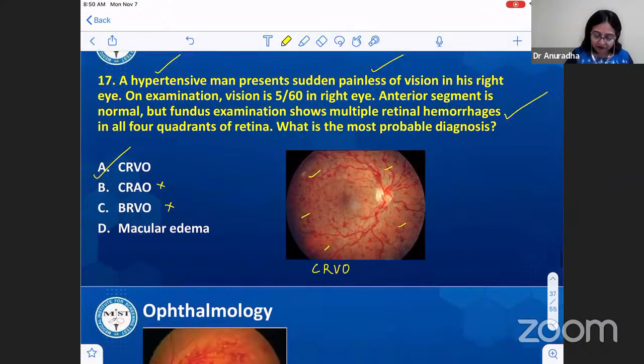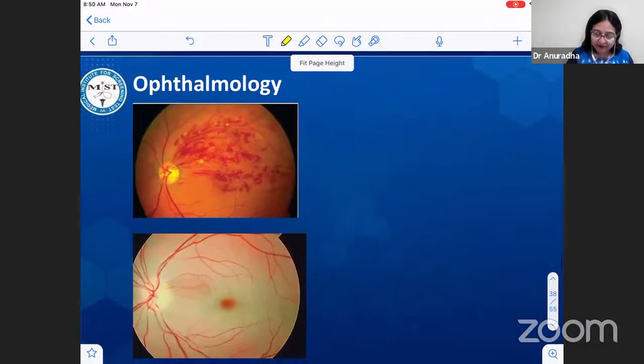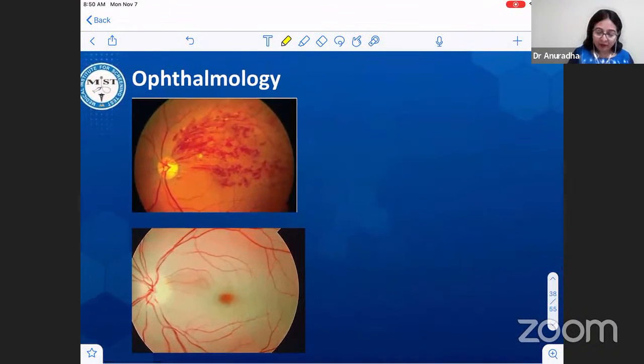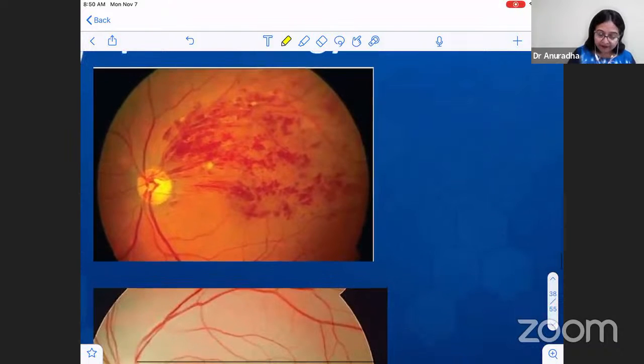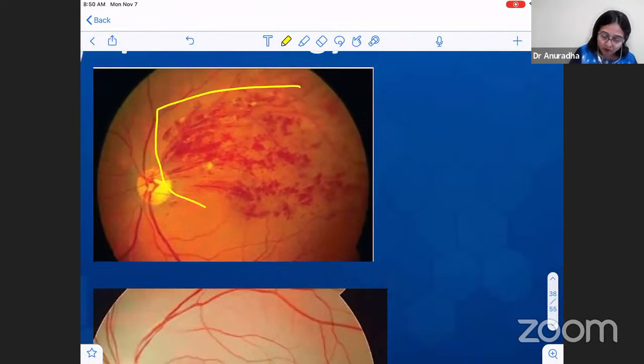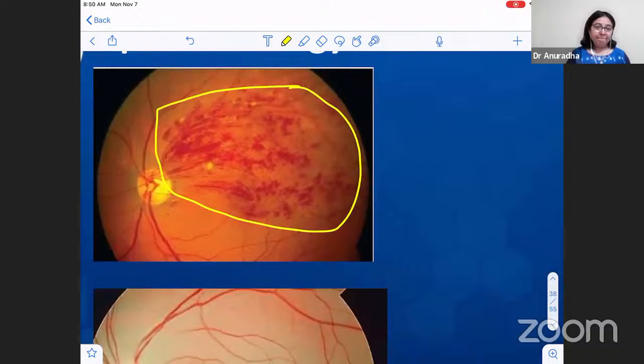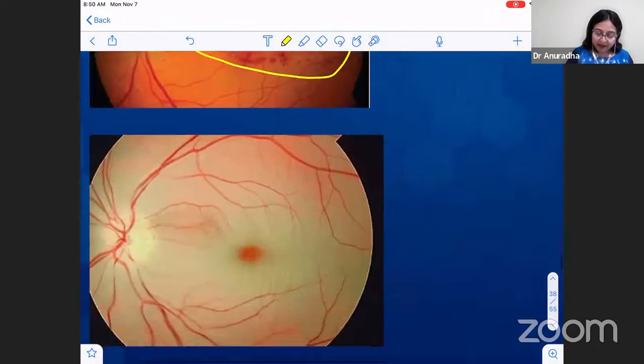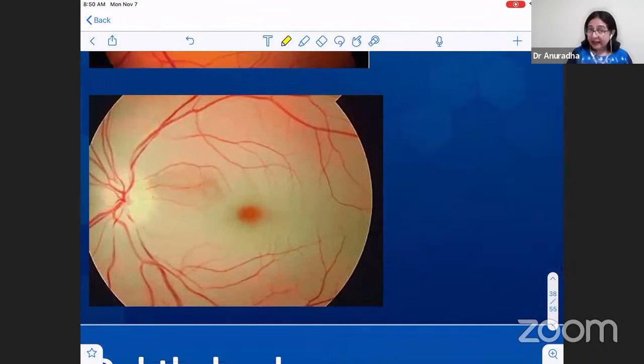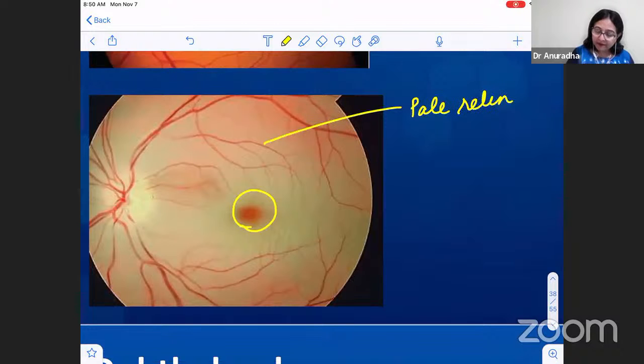Let me make you revise quickly what the other vascular occlusions will look like on fundus. If the retinal hemorrhages are involving 1 quadrant of the retina, then this is BRVO, beta. Okay, 1 quadrant of the retina, BRVO. If it is a cherry red spot in the center and a pale ischemic retina elsewhere, then this is CRAO, central retinal artery occlusion.